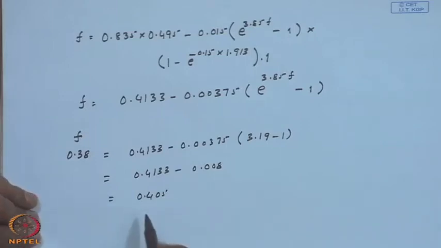Somewhere it should be lying in between these two values, because if I increase this, it will decrease, but at the same time if we increase equal to 0.405, the number will be less than that.